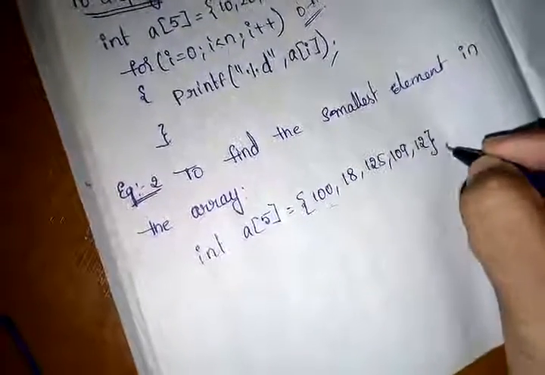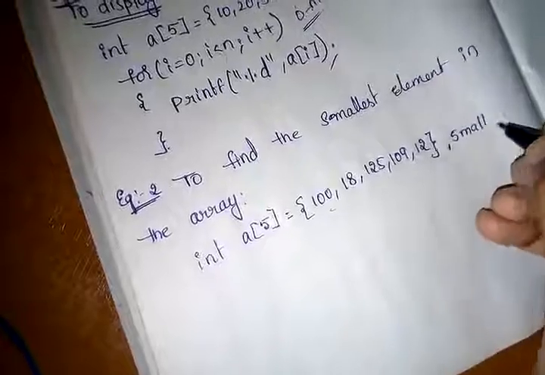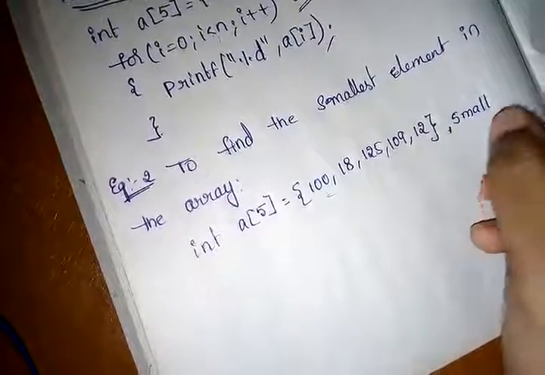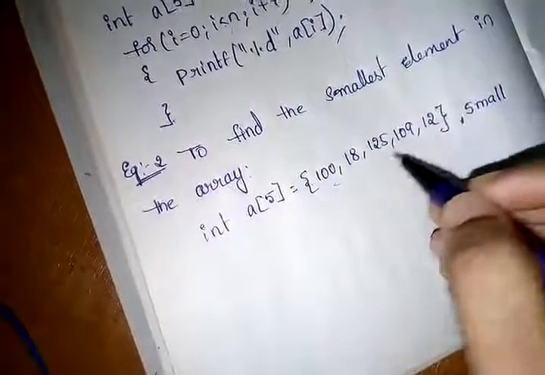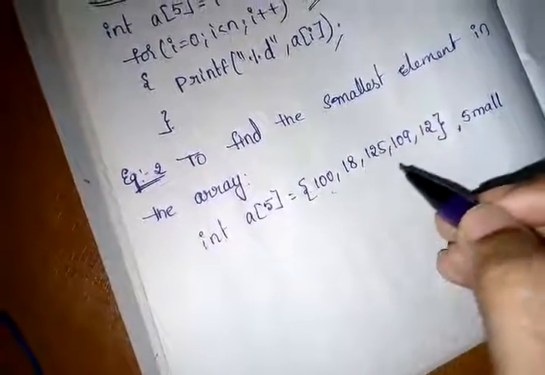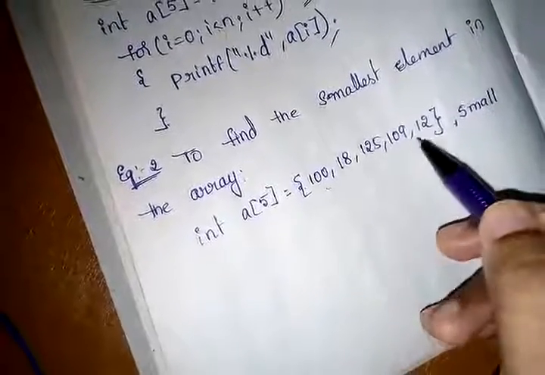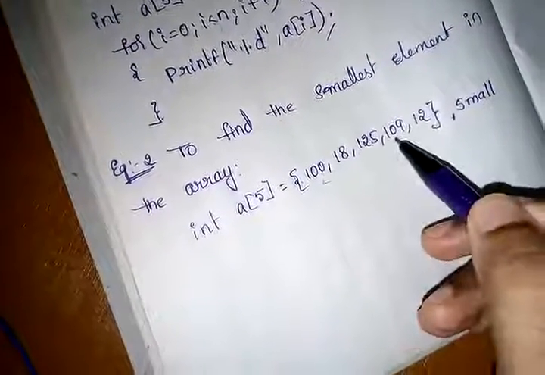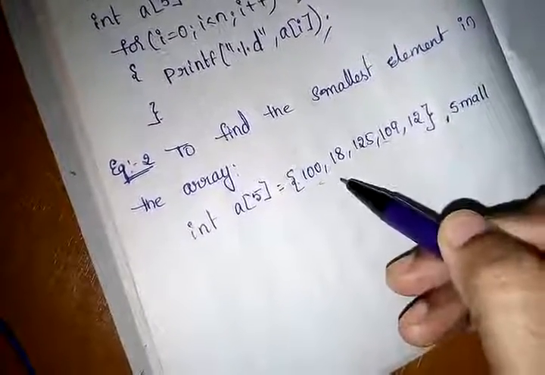So let us take a variable called small. In order to store the smallest element, now when we want to find the smallest element from all the set of elements, first of all what we will do is we'll compare the elements with each other. So out of all the elements, which one will be the smallest, we will be taking out.